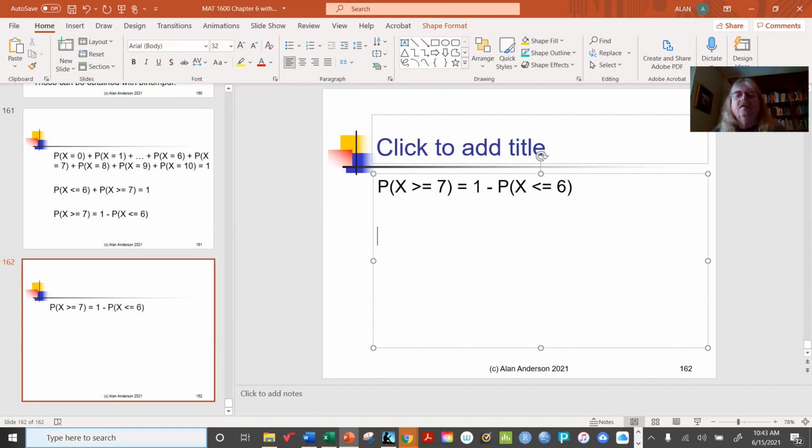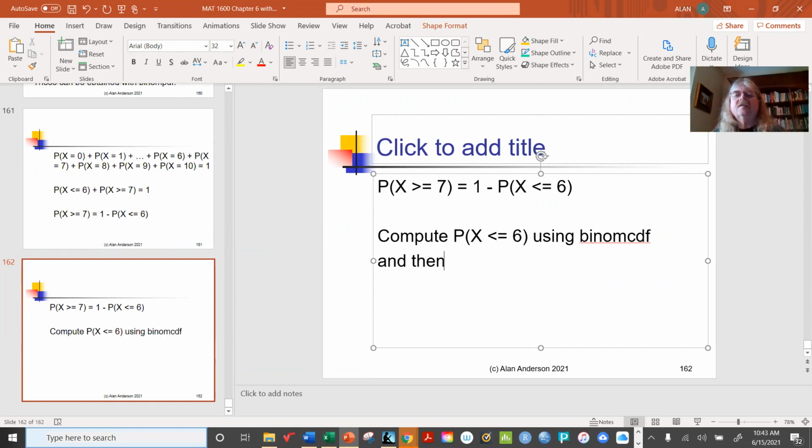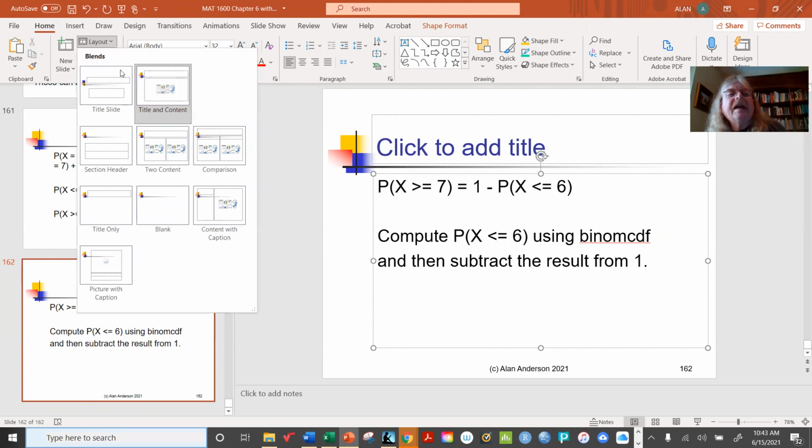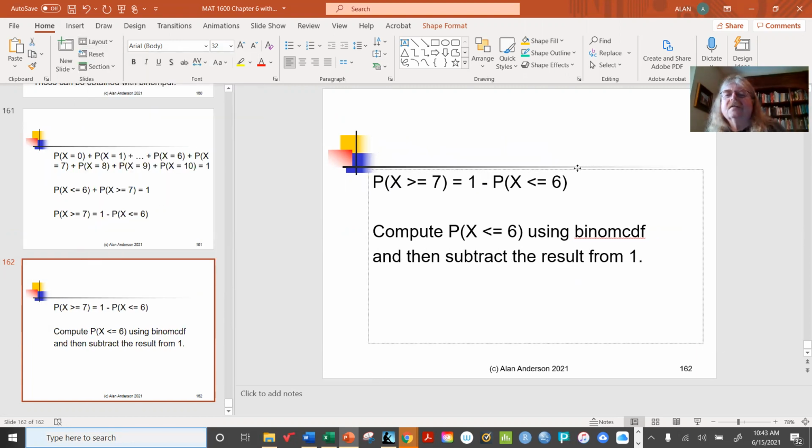I can compute this one using binom CDF and then subtract the result from 1. Oh, I like that idea. That means I only have to do 2 calculations.